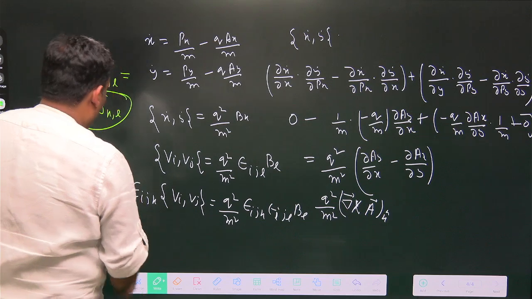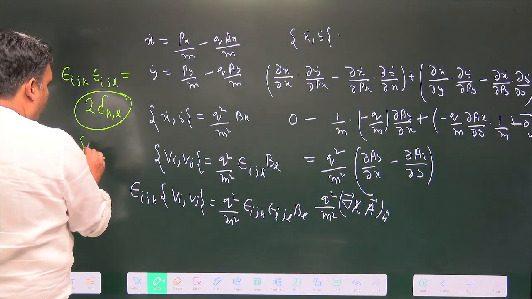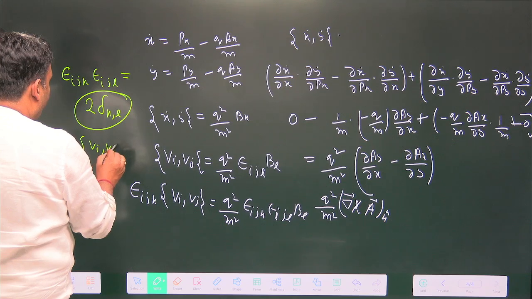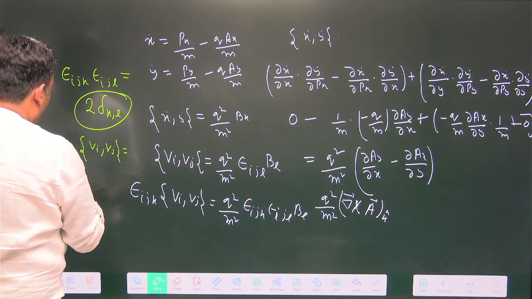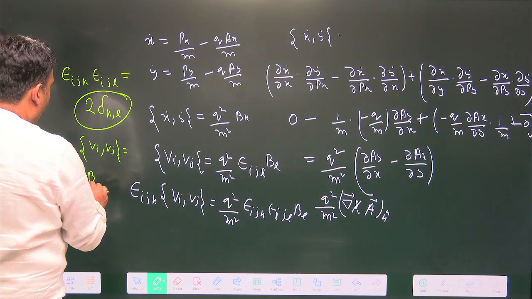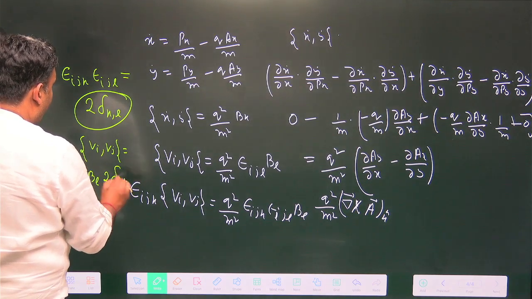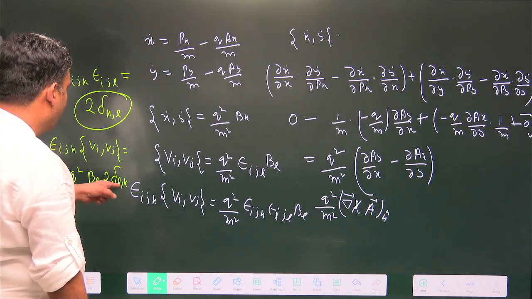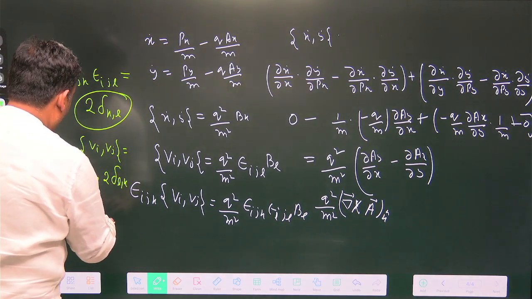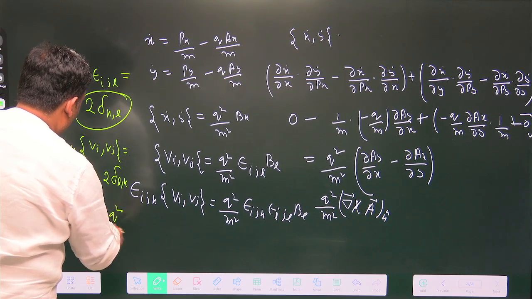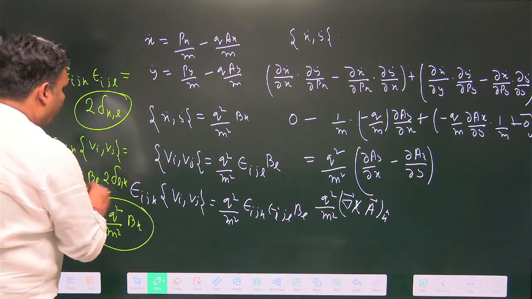We will get epsilon ijk times the Poisson bracket of vi and vj equal to q squared upon m squared Bl times 2 delta lk. Now l is equal to k, so this value is going to survive, and we get 2q squared upon m squared Bk. This is the answer.